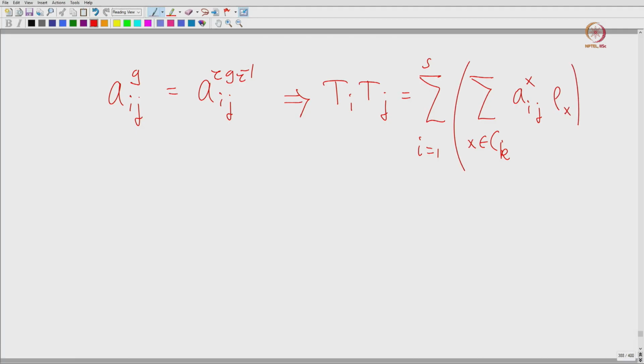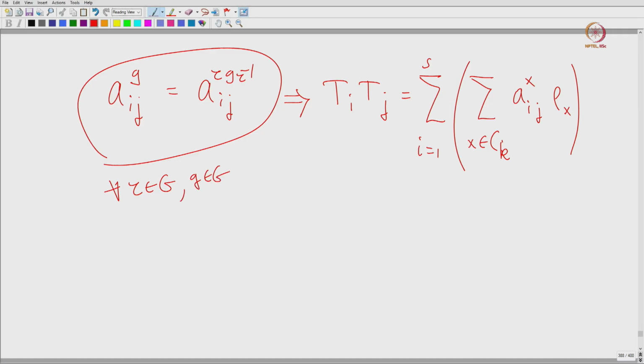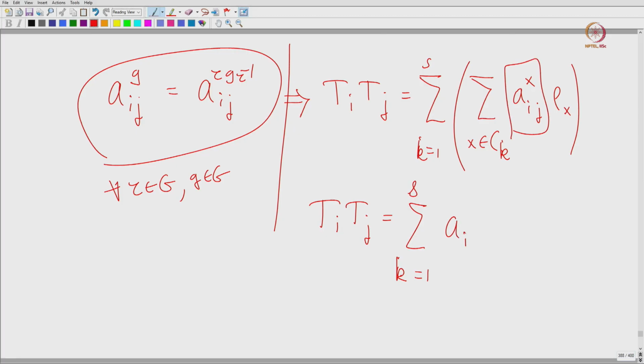If you have this for all tau in G and g in G, then that would imply that T_i T_j is going to be exactly equal to summation, this i is k, k ranging from 1 to s. These are all constant values. So, this is going to come out a_{ijk} summation rho x, x in C_k, which is nothing but T_k.